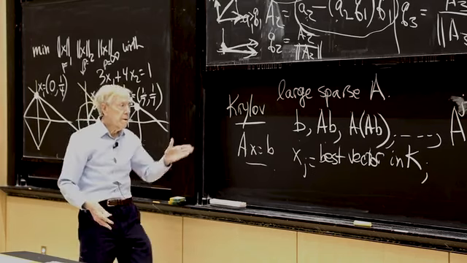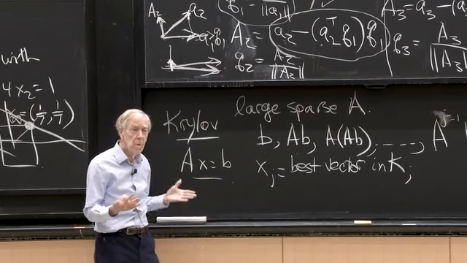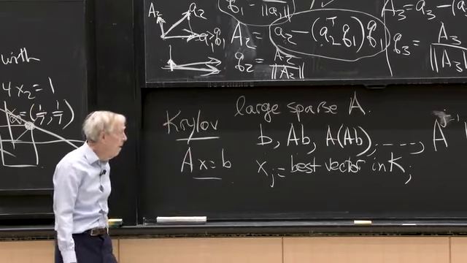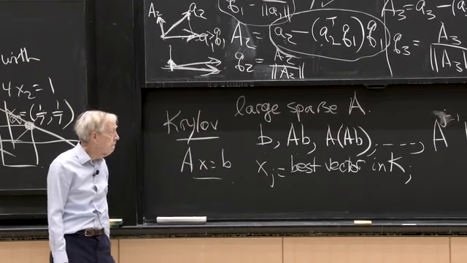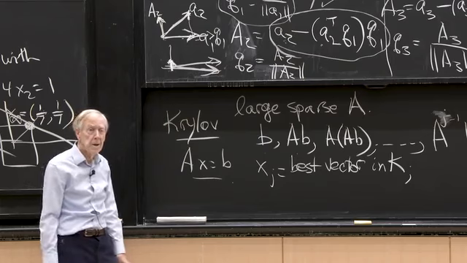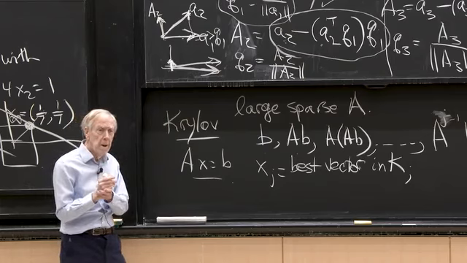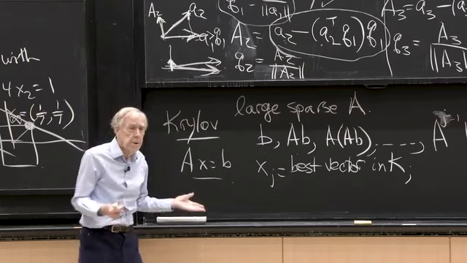And you've got vectors that span the space, so you know what you're projecting onto. But those vectors might be nearly dependent. They might all be pointing almost the same direction, in which case your calculations are terrible. So what do we do?